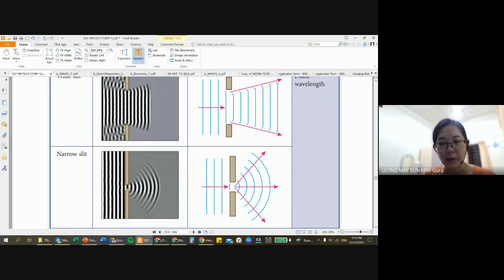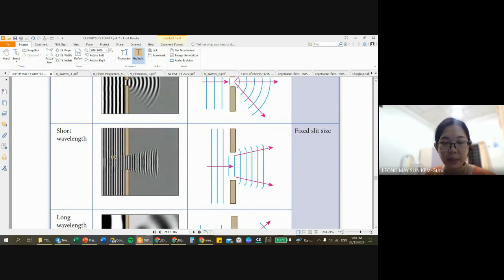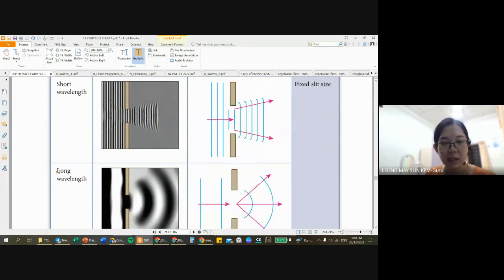When it passes through a narrow slit, it also gets diffracted, but this is a better diffraction pattern. It becomes more curved. Then, shorter wavelength. If the wavelength is shorter compared to the opening, then it's also not nicely diffracted. If it's a longer wavelength, then you get a curved pattern.